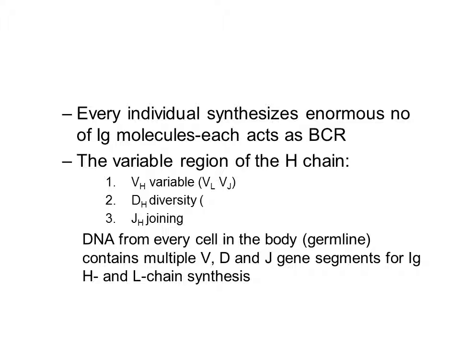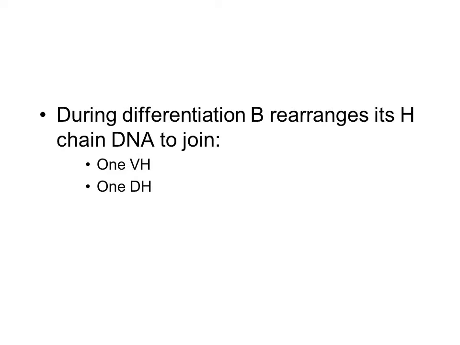And to summarize that, we have the heavy chain, which has a portion which is called VDJ, and V stands for variable, D stands for diversity, J stands for joining, and the V portion then again has VL and VJ. So in the DNA from every cell in the body, it contains multiple VDJ genes, and we can sort it out and make a different set of arrangements.